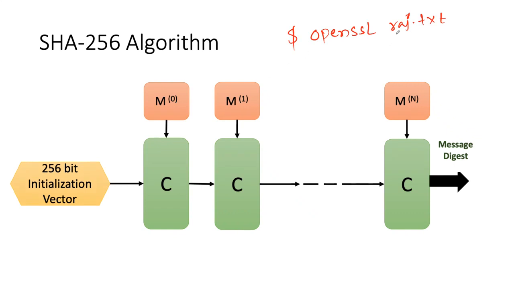If that text file is given as input to this OpenSSL tool, it will generate a digest, like A, B, 1, 2, B, C, up to a 256-bit fixed-size digest. For your practice, you can do this on a Linux system.